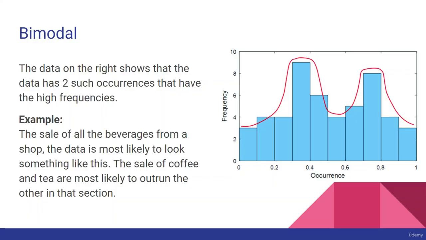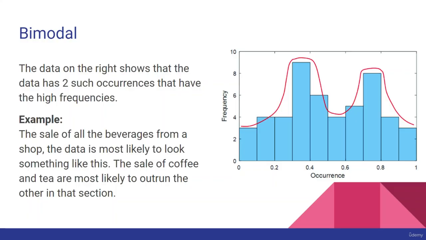Say that you are a shop owner and you want to see the distribution for your beverages. You will have a distribution something like this, showing that there are two particular beverages that are highly in demand, or whose demand outruns the others. Generally, you will have tea and coffee outrunning all the other beverages.